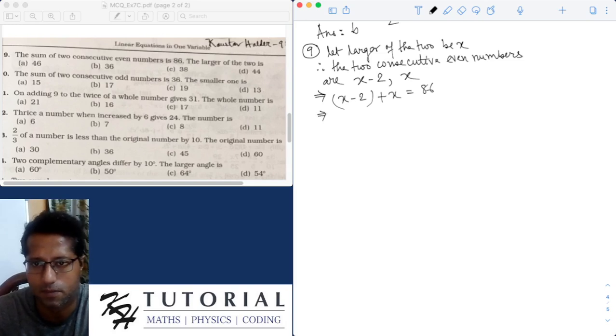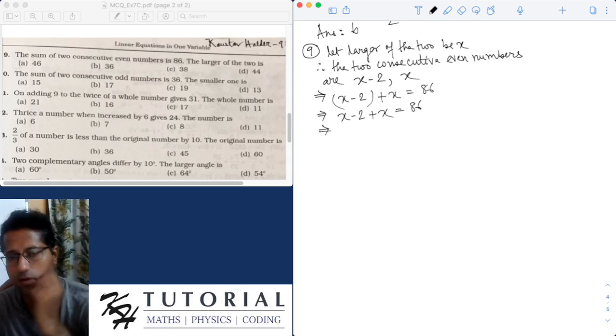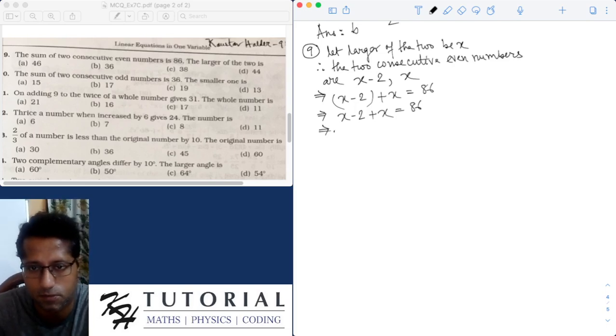Now open the brackets, we get x minus 2 plus x equals 86, and after keeping all the variable terms on the left hand side and all the constant terms on the right hand side, this becomes x plus x equals 86 plus 2. This implies 2x equals 88.